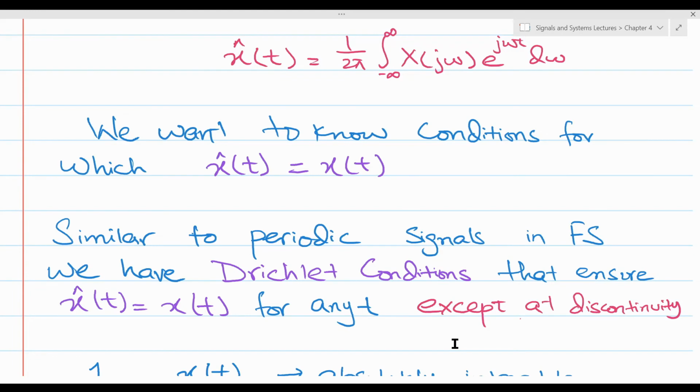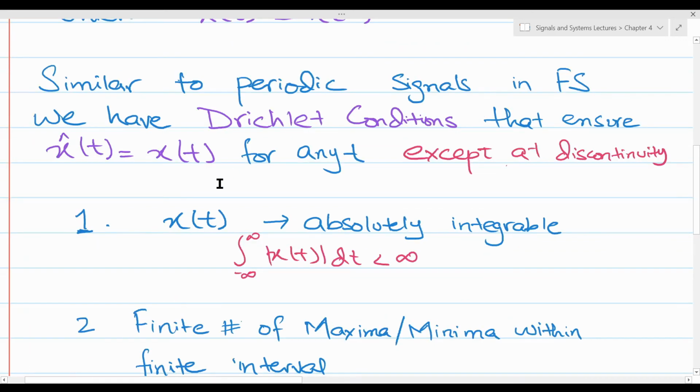Similar to the case of periodic signals in Fourier series, we have Dirichlet conditions that ensure that the reconstructed signal x hat of t will be equal to the original signal for any t except at the discontinuities. These conditions state that the signal should be absolutely integrable. That means the absolute of the signal should be integrable and should give a finite value.